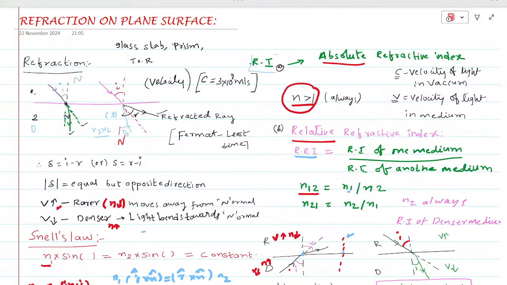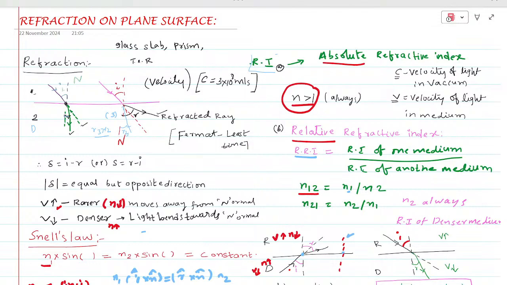The prism is refraction on an inclined surface, which we can discuss. A curved surface I already made one video on, so again I will discuss some points about the curved surface.